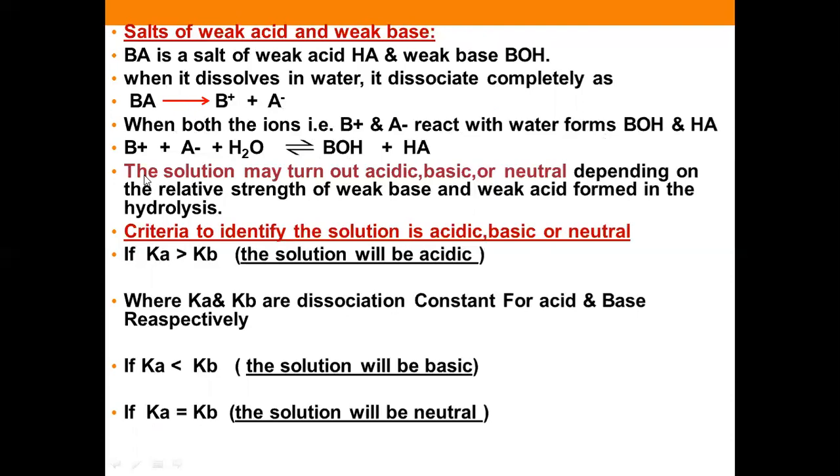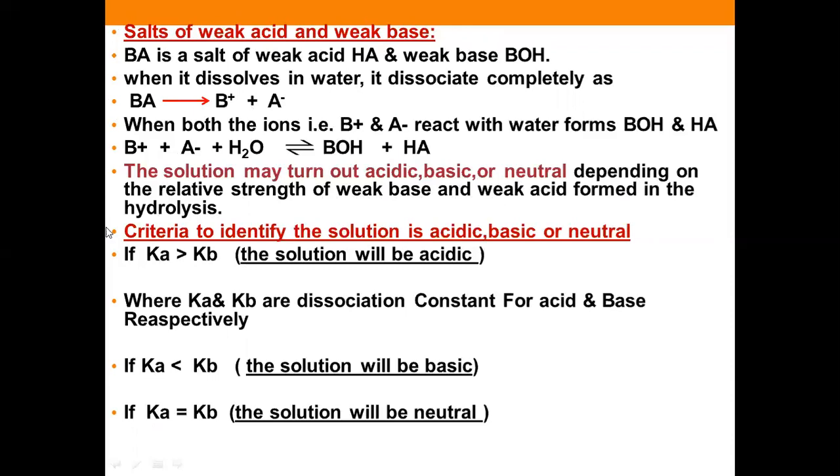Now the solution may turn out acidic, basic or neutral depending on the relative strength of the weak base and weak acid formed in the hydrolysis. This is the explanation about the salts of weak acid and weak base.